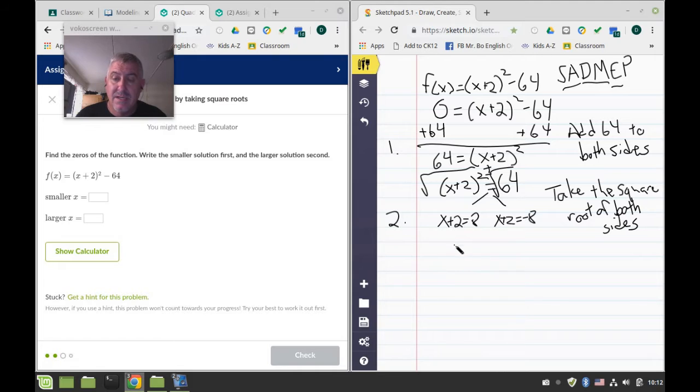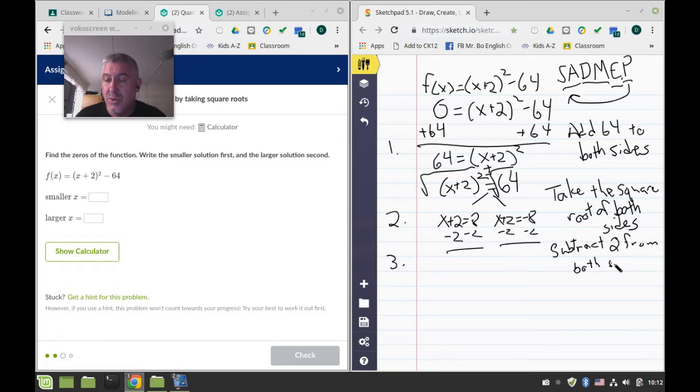Okay? And then number 3, because we broke this parenthesis up here, we're going back to the beginning. Subtract. Okay, and my step I'm going to call subtract 2 from both sides.